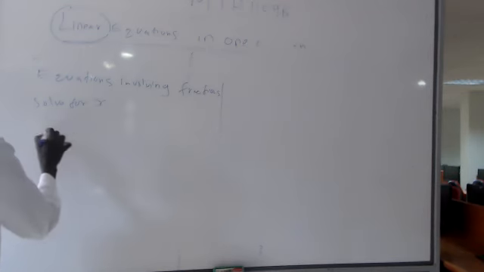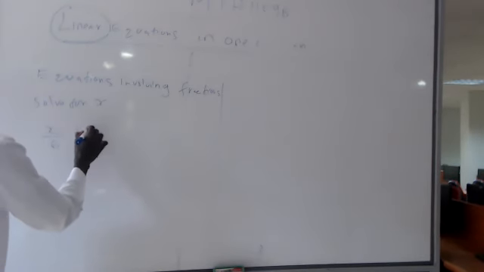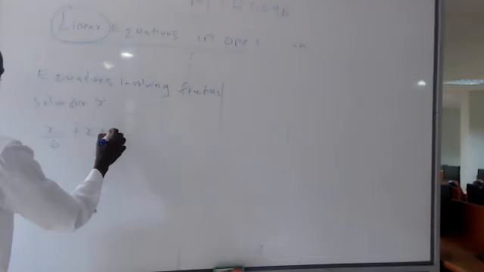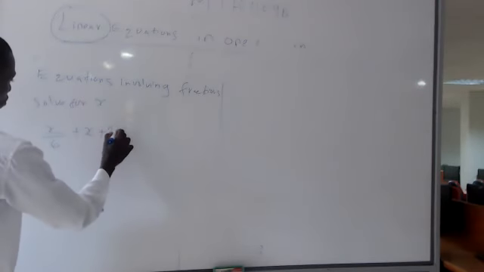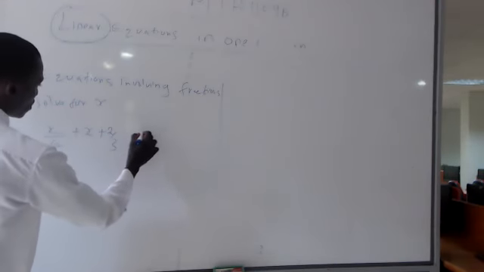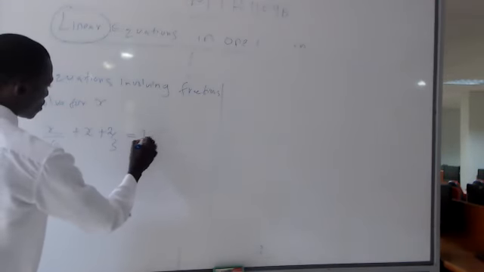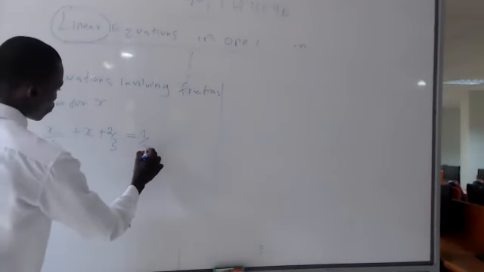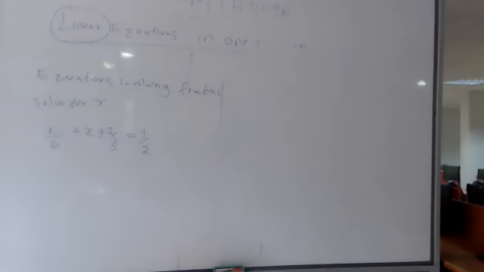Solve for x: x divided by 6 plus x plus 2/3 equal to 1 divided by 2. So we need to solve for x, and we have fractions in our system. We have a 6, we have 2/3 and a half.